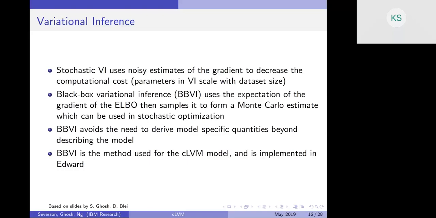BBVI is nice because it doesn't require us to derive model-specific quantities, outside of writing down the model generally. So BBVI is the method we've employed for the contrastive latent variable model. It gives us the most flexibility in choosing our distributional assumptions, and that is implemented in Edward, which is a Python package built on top of TensorFlow.